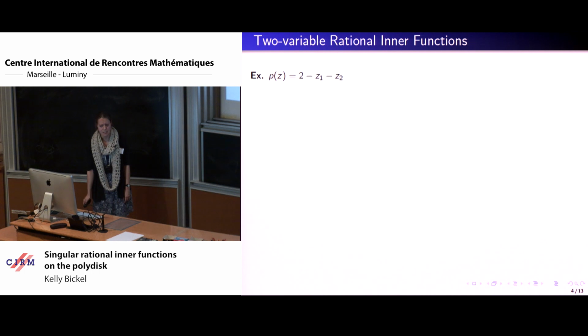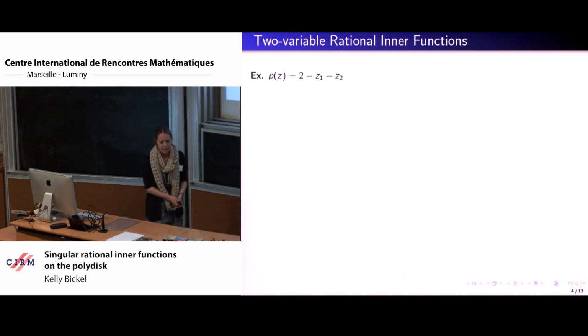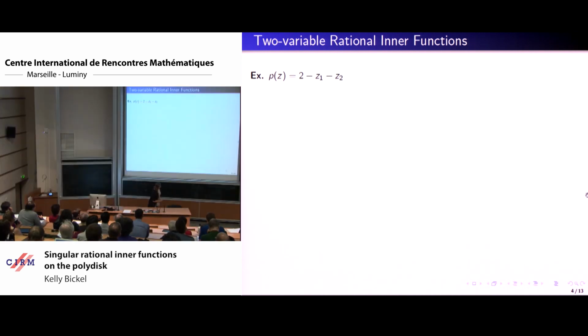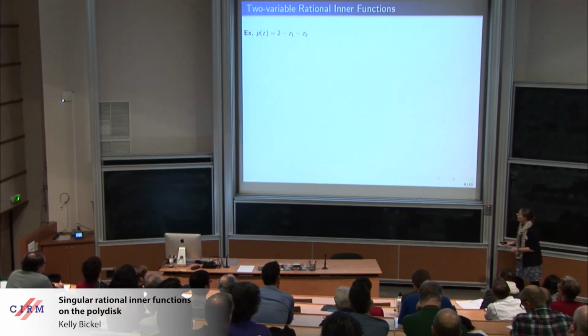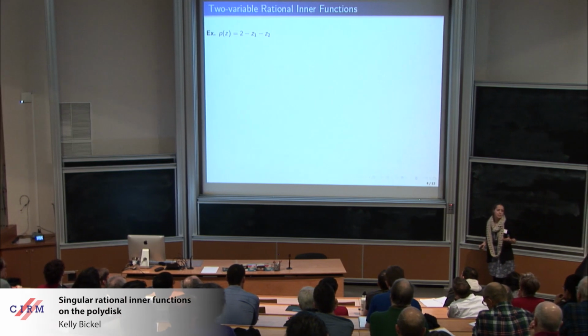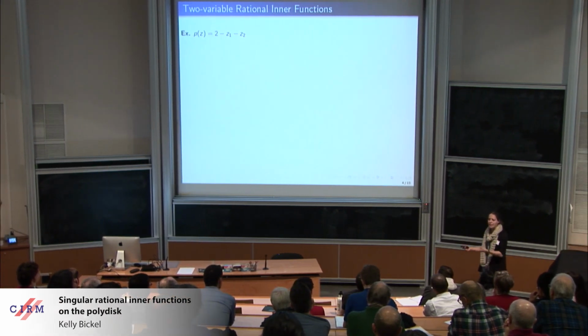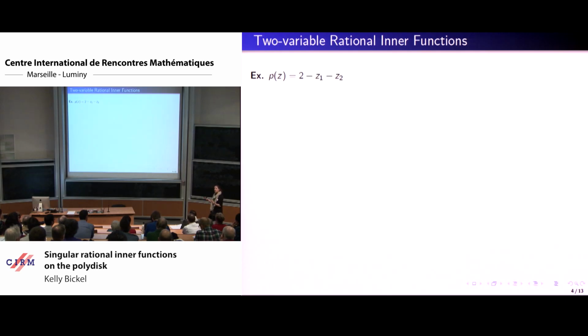So just for the purposes of having an example in mind, let's start with this polynomial p that's not vanishing on the bidisk. So in particular, clearly if I plug in z1 and z2 from the bidisk, p is not 0. And we can use this to construct a rational inner function, say of degree 1, 1. So in particular, we'll just follow that construction that I mentioned before.